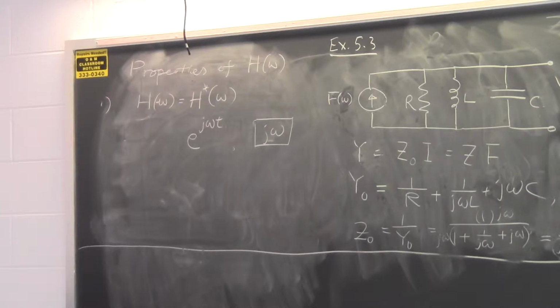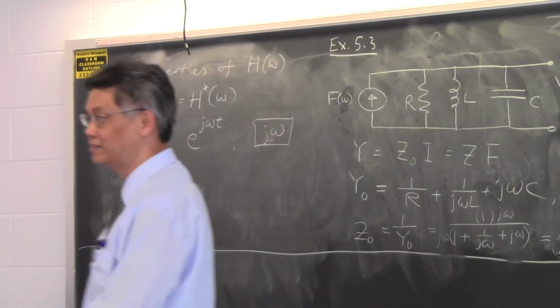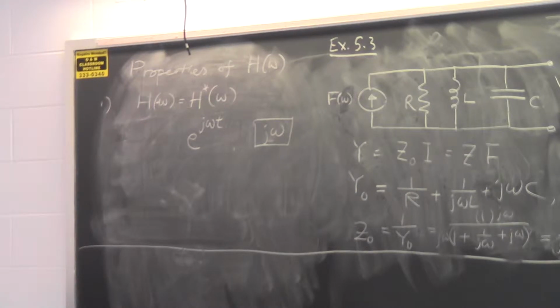As I told you before, the fastest way to find the conjugate of a complex number is to replace j with minus j. If you have a very complicated function of complex numbers, the fastest way to find its complex conjugate is to replace plus j with minus j. Why does that work?